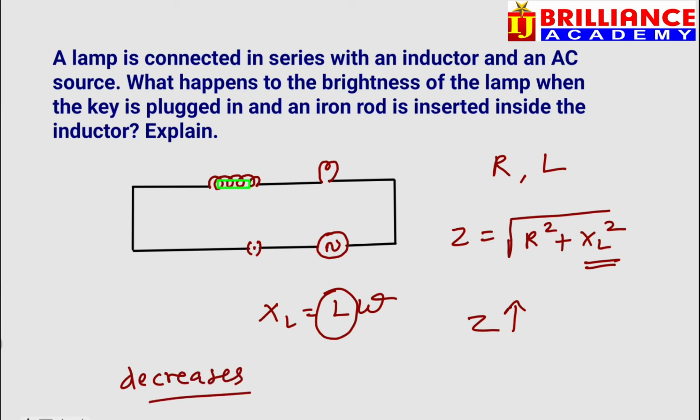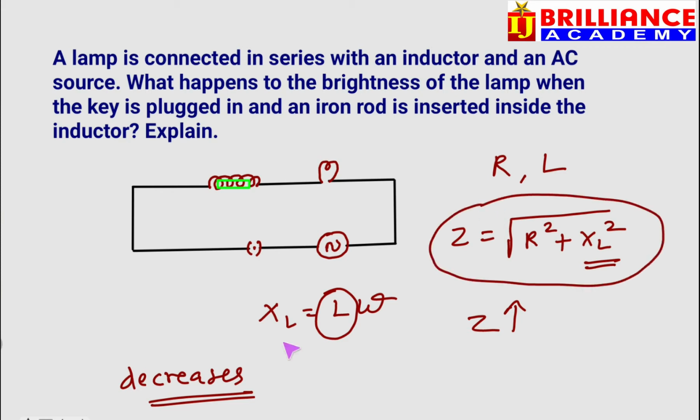It's a very simple question. You need not be confused here. So how do you proceed with this question? The formula for Z is root over R squared plus XL squared, and XL is equal to L omega, where L is the self inductance.